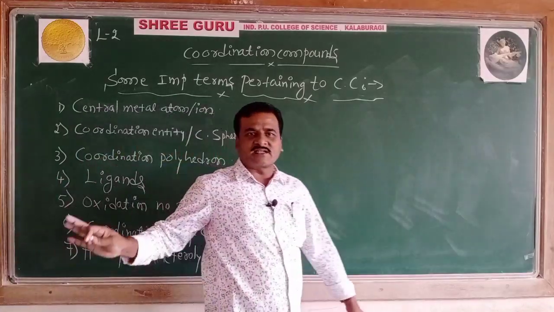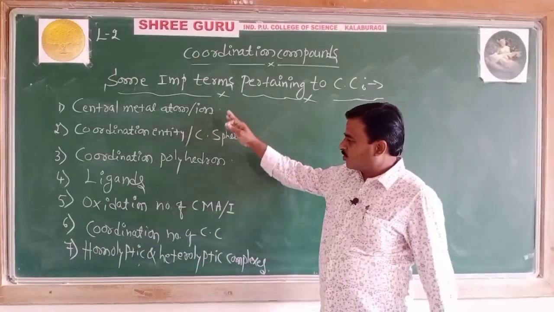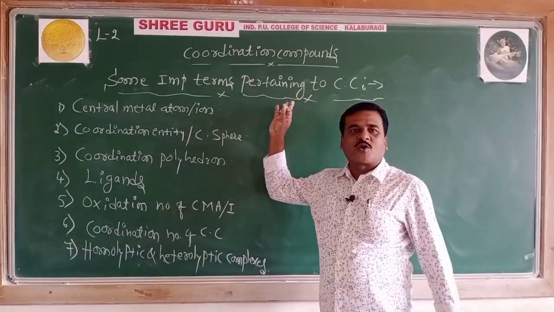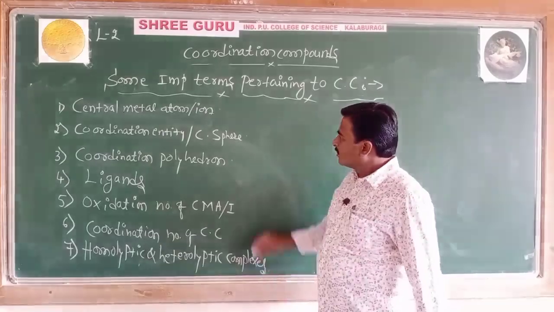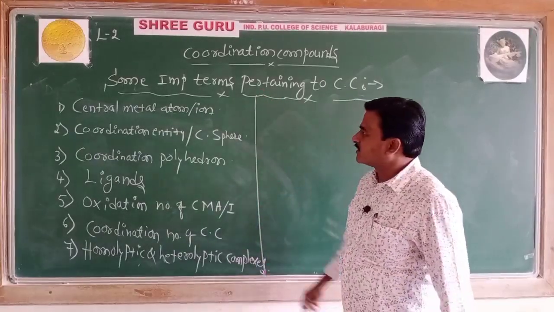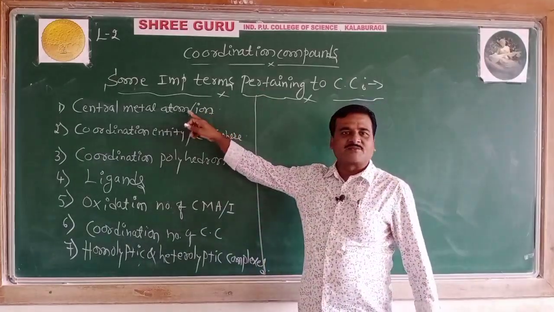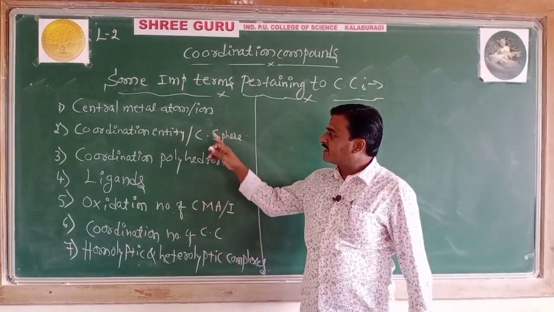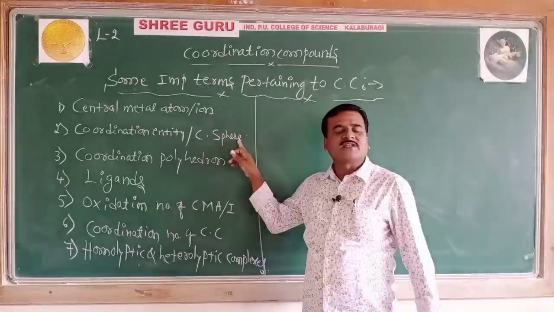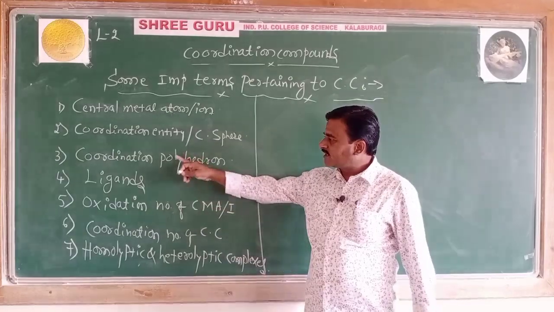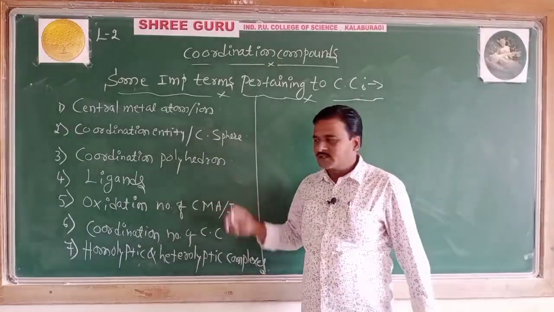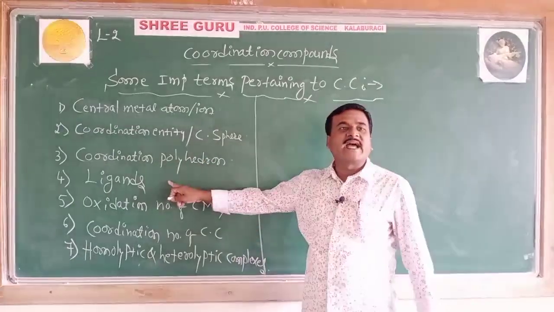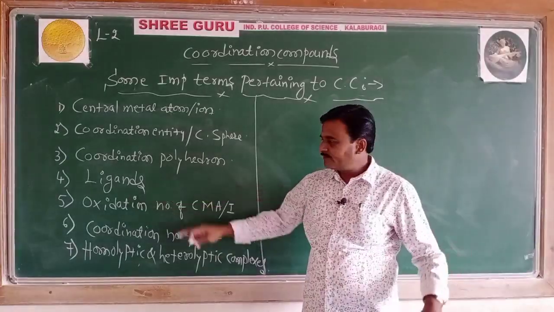Well, students, these are the terms one should know with respect to coordination compounds. Let us glance once again. Central metal atom or ion. Second is coordination entity or coordination sphere. Third one is the coordination polyhedron. Fourth is the ligands.